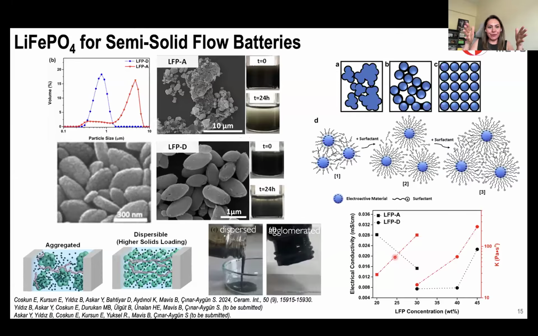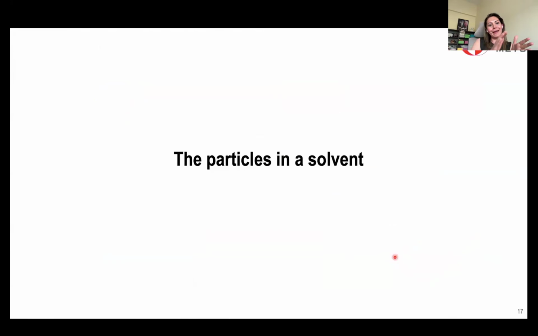That means that for the same volume, I can add more electroactive particles into that suspension, which will eventually increase the volumetric energy density. So if you have an electrical car, that will translate into, if you have the same size battery, you can double your mileage, almost double your mileage. So I hope that I convinced you that we need to have those.